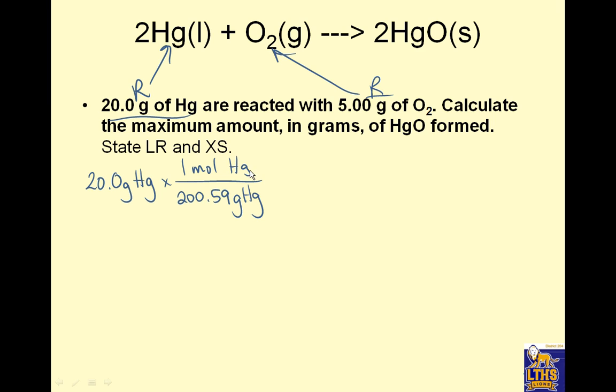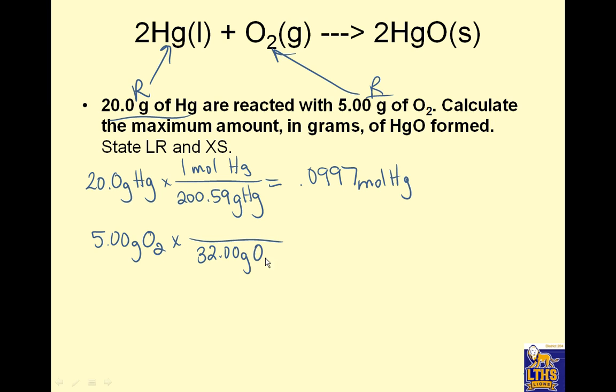So I'm changing my reactants into moles, and I find out that I have 0.0997 moles of mercury to use in this reaction. And I have, because I can only compare things in moles, 32.00 grams of O2 for every 1 mole of O2. All right, so this is old mole stuff. I get 0.156 moles of O2.